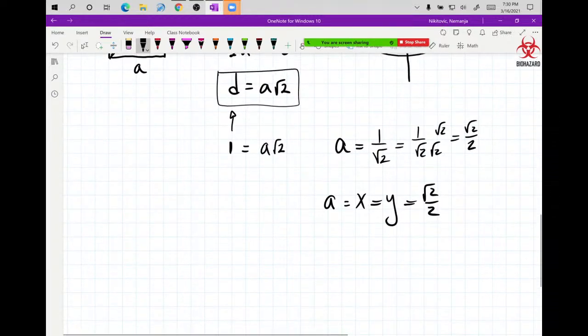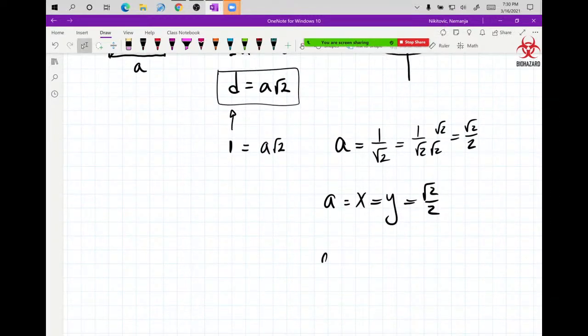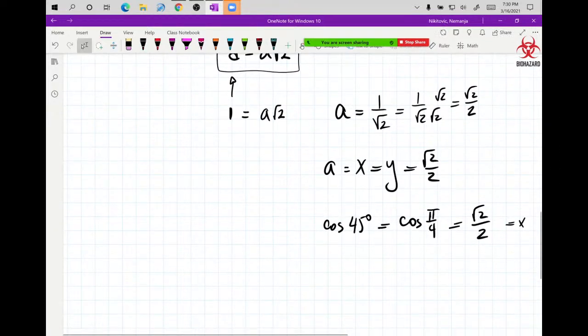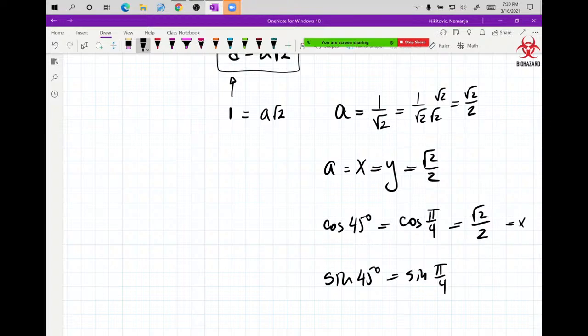So we just figured out this way that cosine of 45 degrees, or cosine of pi over 4, is root 2 over 2. And that was your x-coordinate, by the way, for the point. And then sine 45 degrees, which is sine of pi over 4, is also root 2 over 2, which was your y.